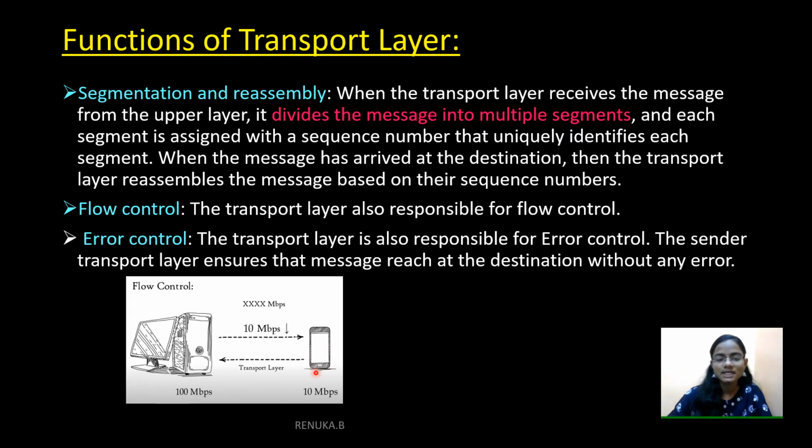So the phone sends information to the system through the transport layer, saying that it is capable only at a 10 Mbps rate, so that the system will send the data within the 10 Mbps rate. In this case, the transport layer controls the flow.